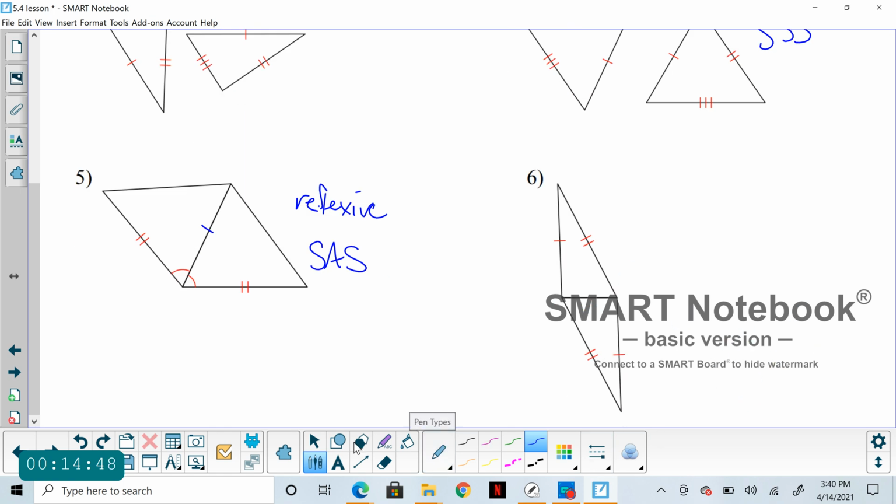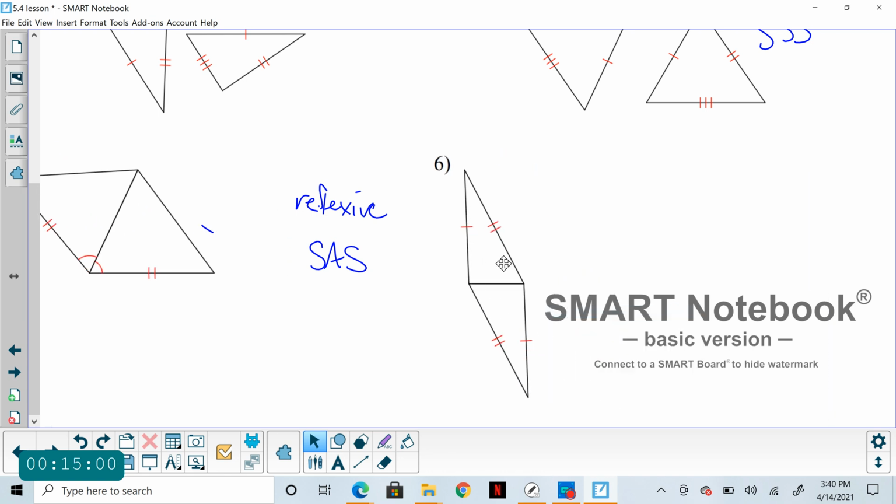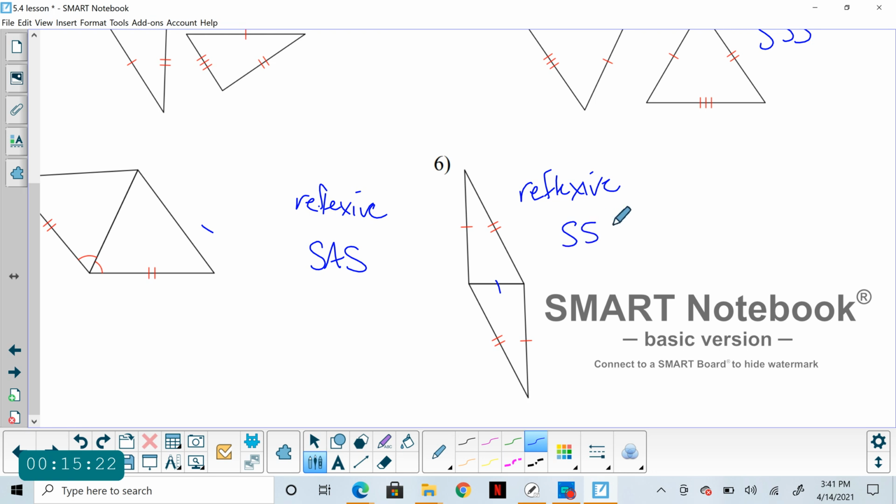The watermark here that won't go away is hiding it. See if I can move it for a second so we can see it. Okay, so we have this side and this side, and this side and this side, congruent in pairs. This side we can get by the reflexive property. So we can say side, side, side congruence.